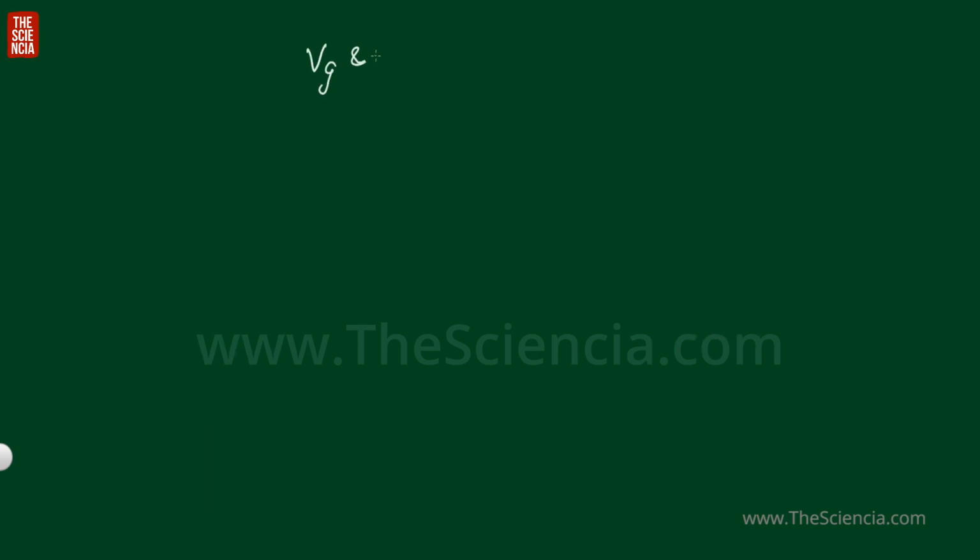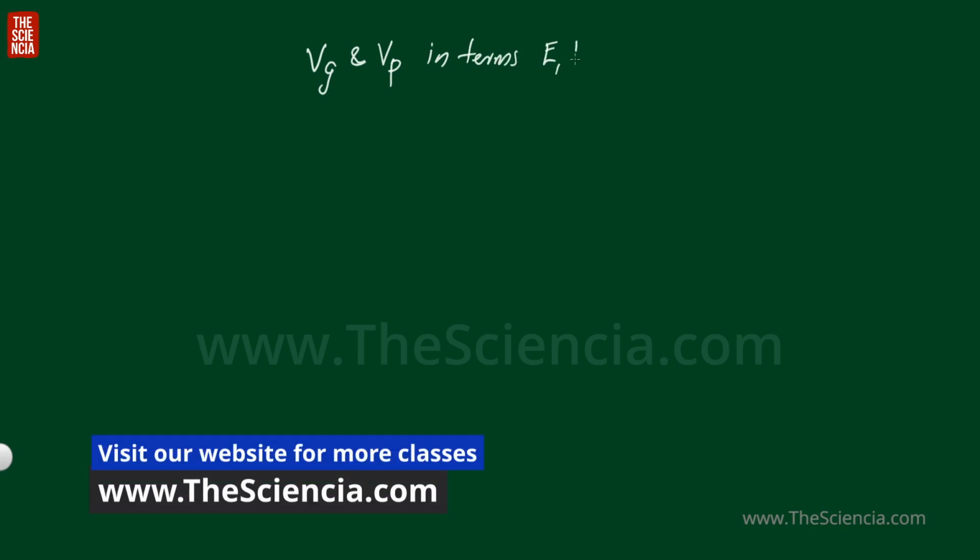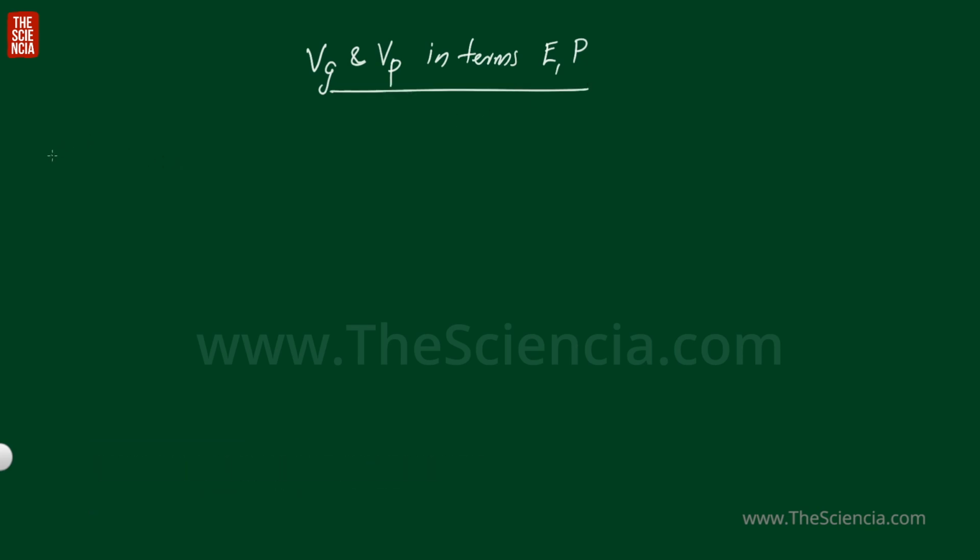Now Vg and Vp in terms of energy and momentum. So we know the equation for Vp, that is equal to omega by k, and we know Vg is equal to d omega by dk. Now we have to find out the corresponding relation in terms of E and P. That is, Vp is equal to omega by k, right?